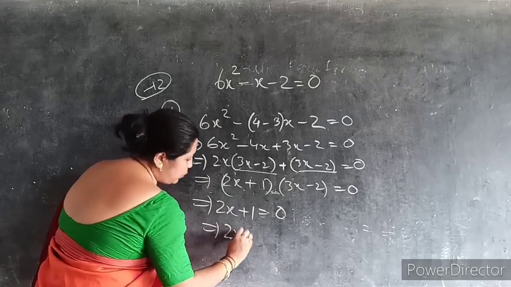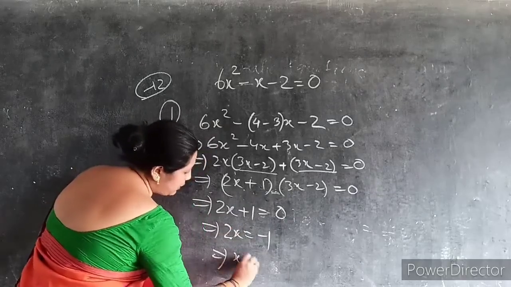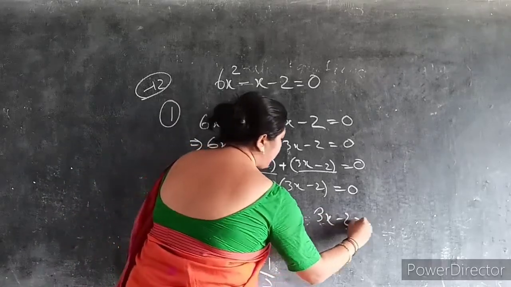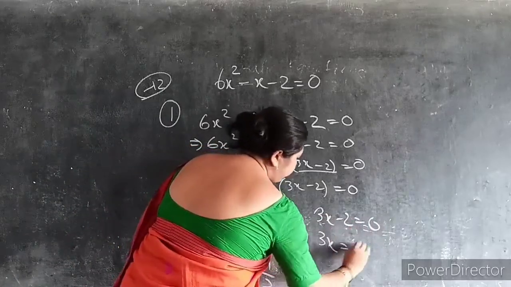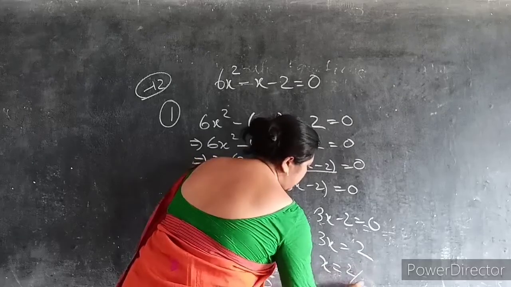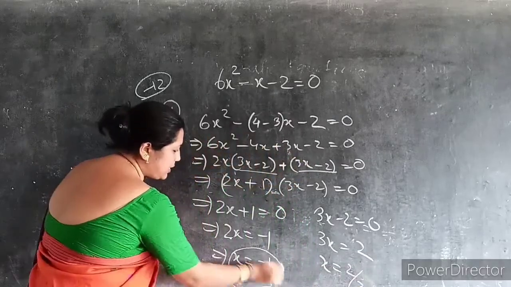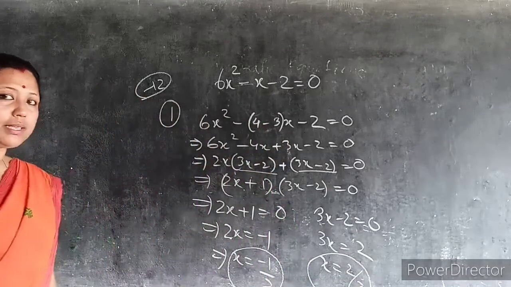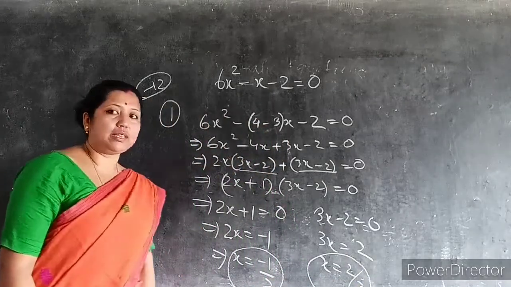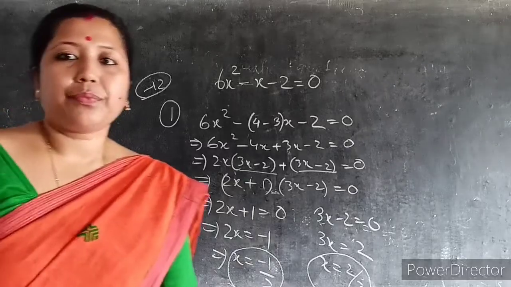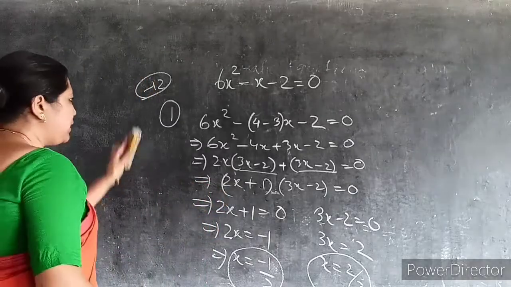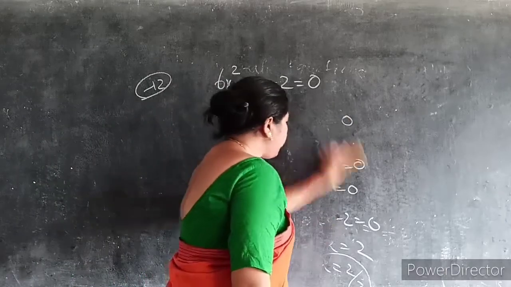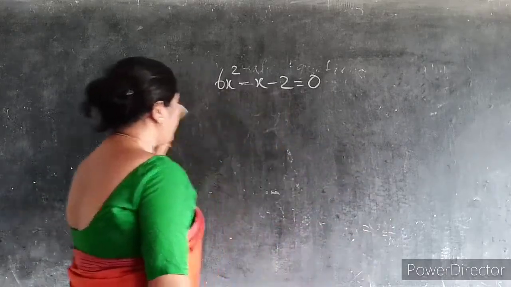One root we get is minus half. And the second root is x equal to 2 by 3. So this is one root and this is another root. This is known as what method? A factorization method.